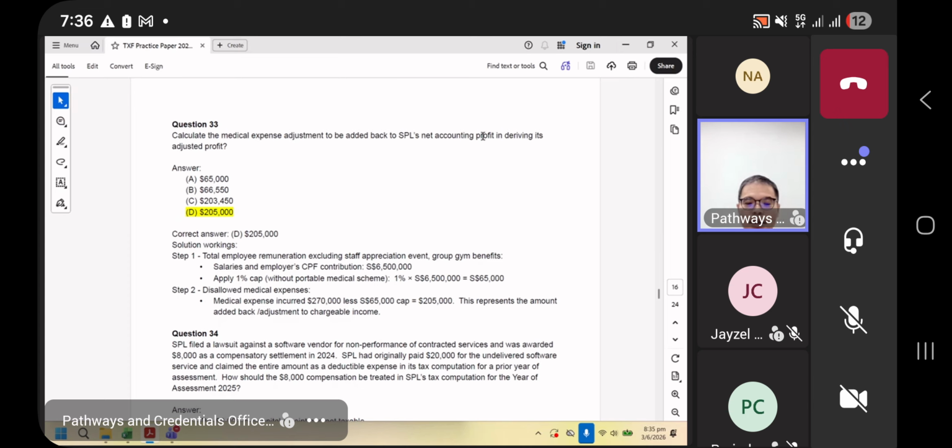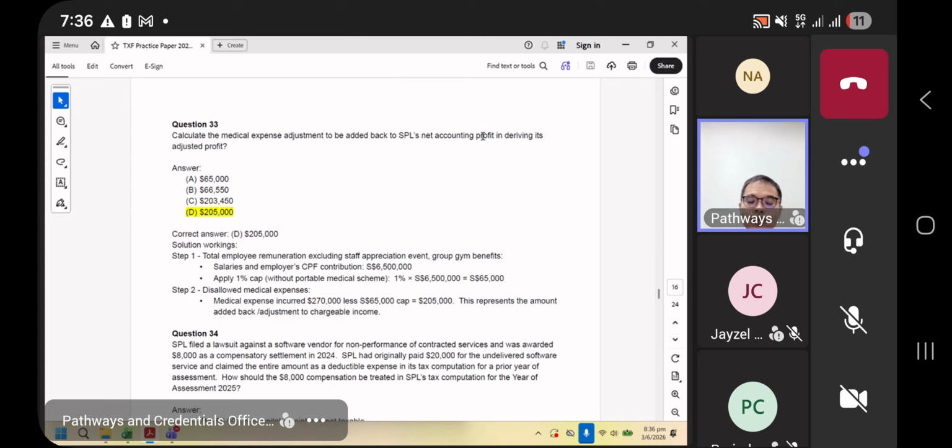And finally, what are the items that qualify as medical expense? Does that include medical insurance? Does that include dental? Things like that. You need to determine these three items in order to compute your tax adjusted medical expense.